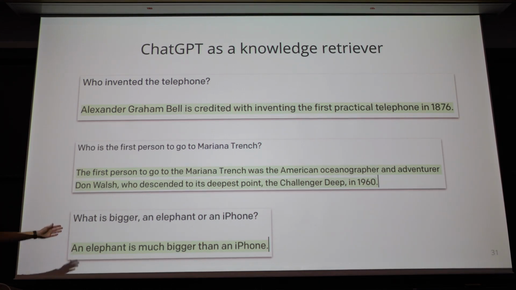Maybe there is, but to get this right, it needs to do some sort of multi-hop reasoning where it understands how big an elephant is, how big an iPhone is, and make some sort of comparison. So not only can it retrieve knowledge from a single document, it can do some kind of complicated retrieval over multiple documents and so on.